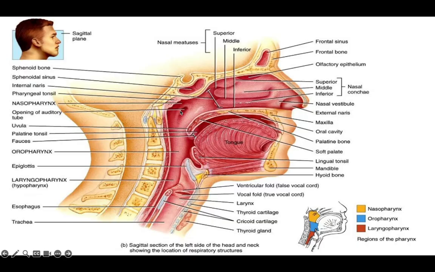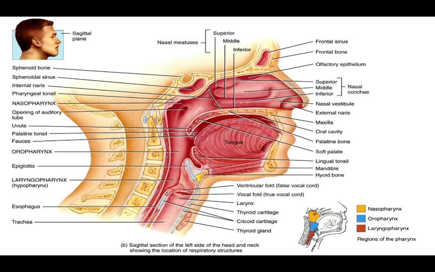It is also going to help equalize air pressure between your middle ear and the atmosphere. So the nasopharynx is part of the conducting zone, but also helps out with equalizing pressure.